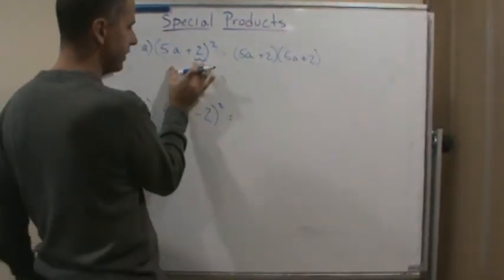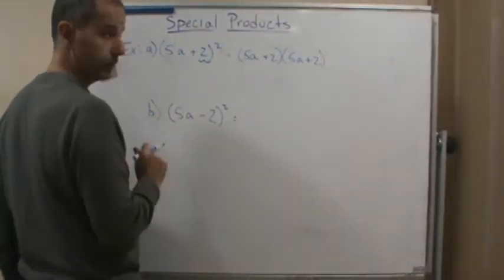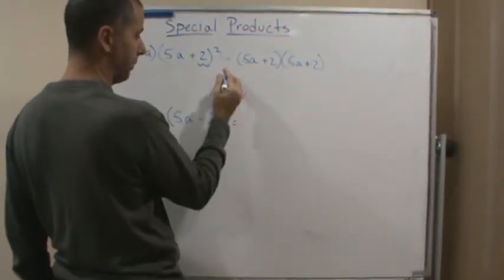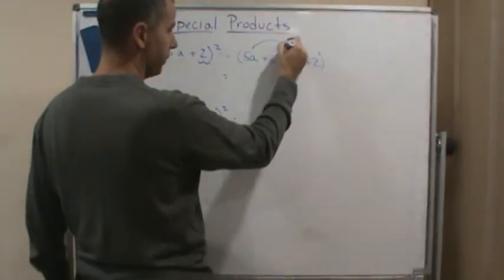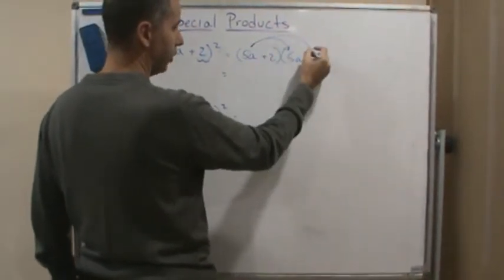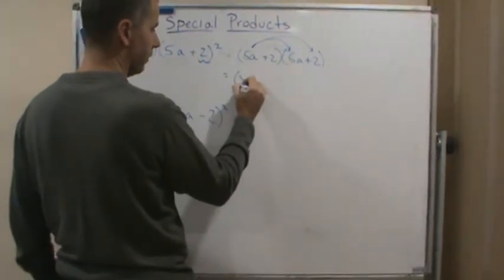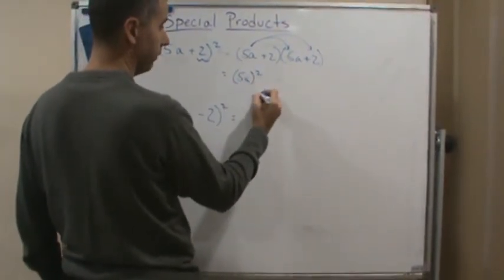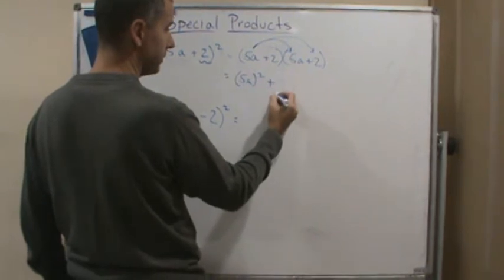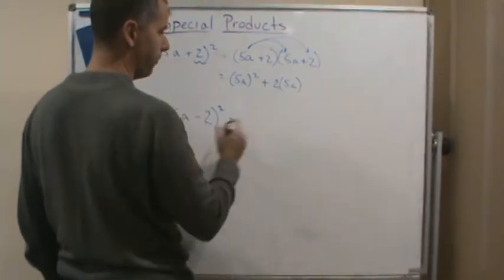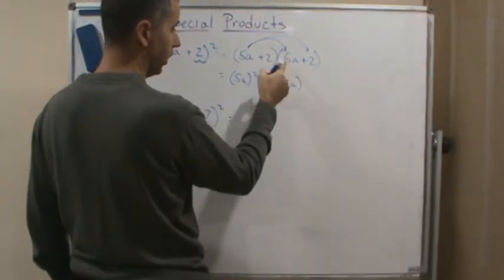Once you write it this way, then it's just using the distributive property. So then it's distributing the 5a across this one. So we get 5a squared, right, plus 2 times 5a, and then we distribute the 2 across both of them.